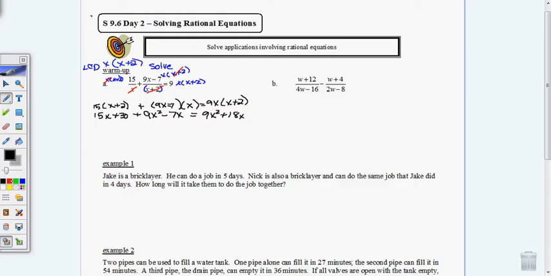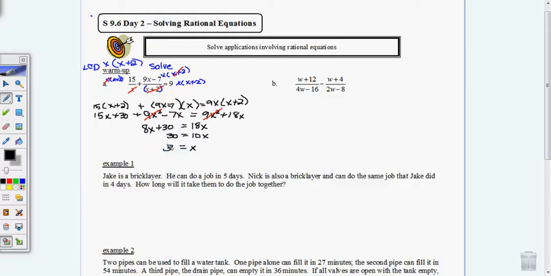Now, as you can see, this 9x squared on the right side and this 9x squared on the left side would cancel each other out, and I'm left with an 8x plus 30 on the left side equals an 18x on the right side. 30 is going to equal 10x when I subtract that 8x. X is going to equal 3.